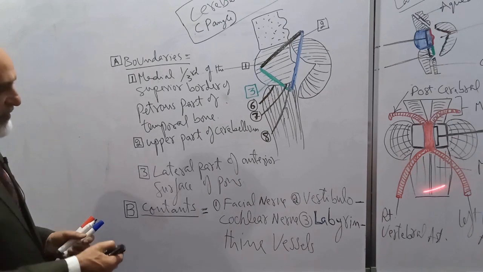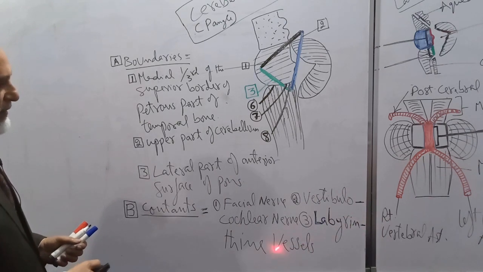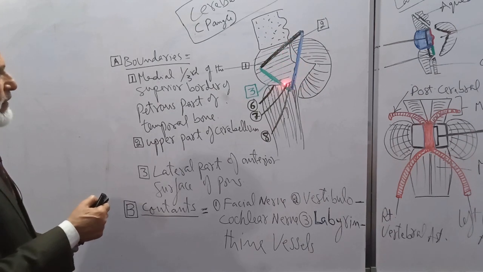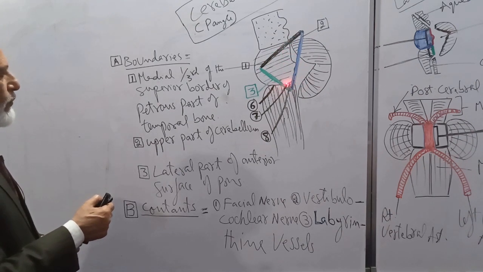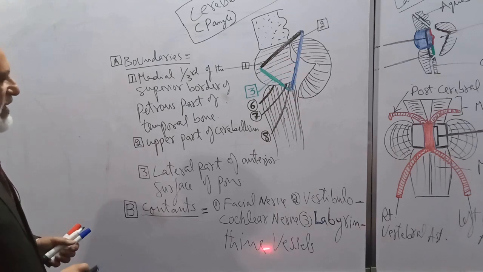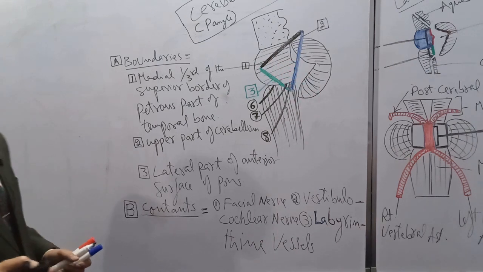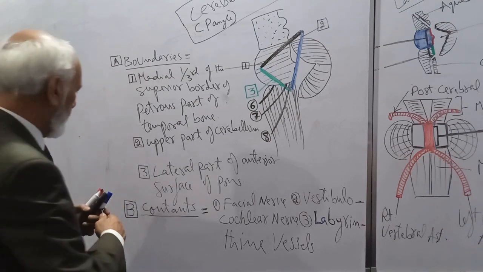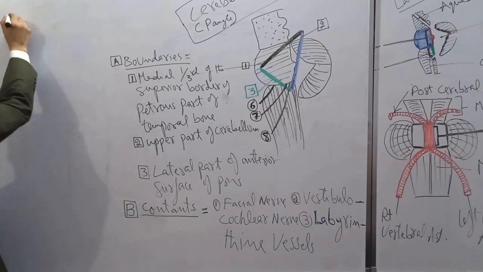These are the vessels which supply the internal ear. So what are the contents of this angle? Origin of the facial nerve, origin of the vestibulocochlear nerve, and blood vessel. Which blood vessel? Labyrinthine vessels. Labyrinthine vessels supply the internal ear.